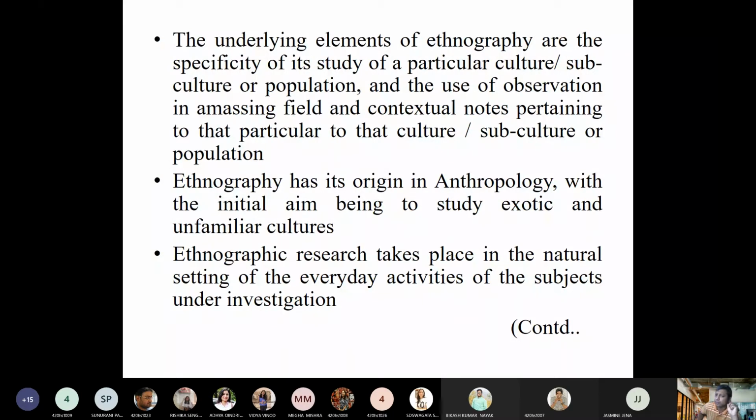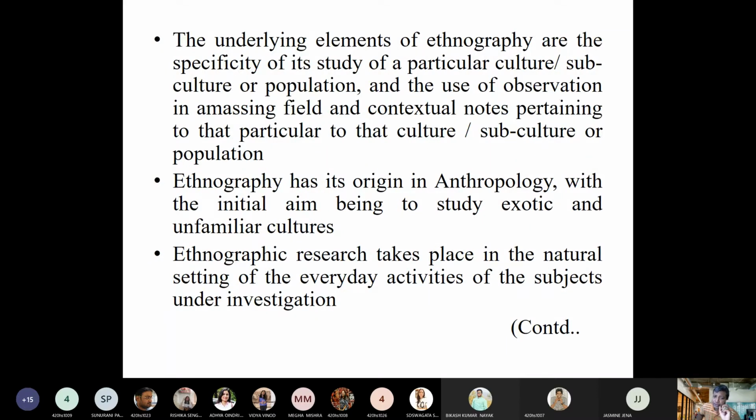Whatever we observe in the field, in relation to that particular location and universe, whose culture and subculture I am trying to explore, I am targeting that.